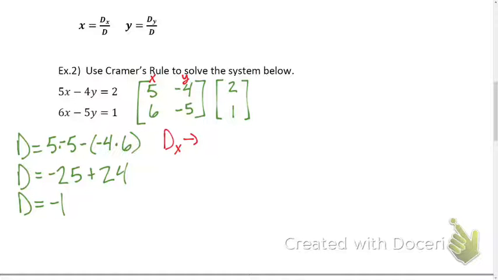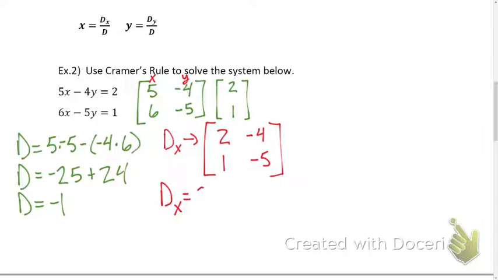So what you do is you replace the x column with the constants. So I take the 5 and the 6 out, and I put the 2 and the 1 in its place, and I keep negative 4 and negative 5 where they are. And then I find the determinant of that matrix.